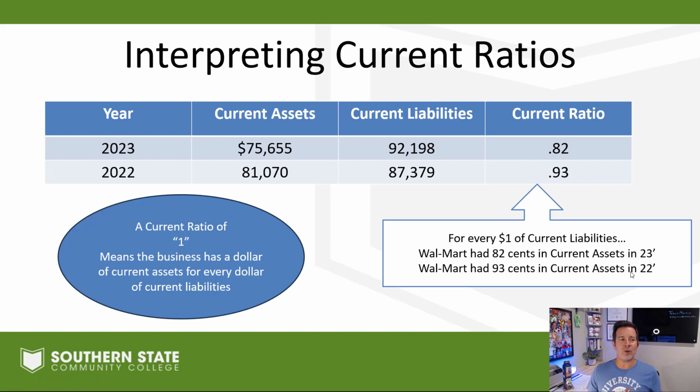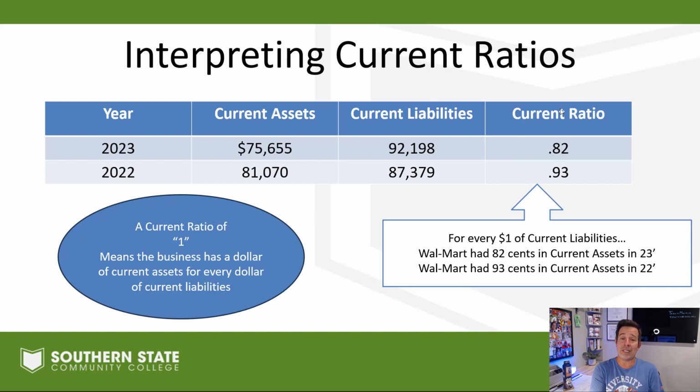So if we consider 1 to be kind of the baseline, we'd like to have at least $1 of current assets for every $1 of current liabilities. You can see Walmart's a little bit below that, and their condition is actually deteriorating a little bit because they've gone down from 0.93 to 0.82. So, is that the end of the world? Probably not. Again, we can't really make a whole lot of judgments off of just one calculation.